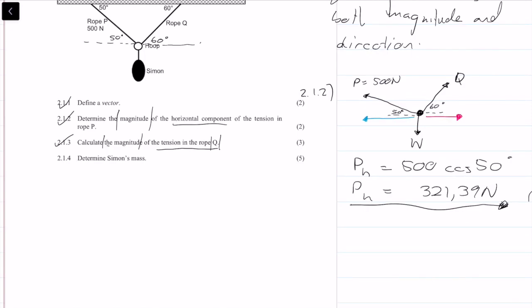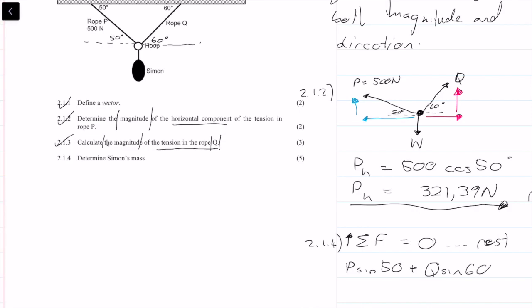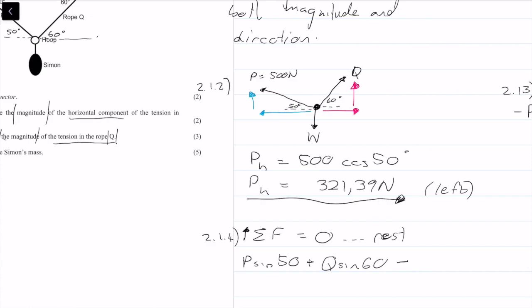Determine Simon's mass. To do this, 2.1.4, I'm going to say that the sum of the forces, taking up as positive, is equal to 0, again because the system is at rest. So now I care about the upward components: P sine of 50 plus Q sine of 60 minus the only downward force, his weight, is equal to 0.